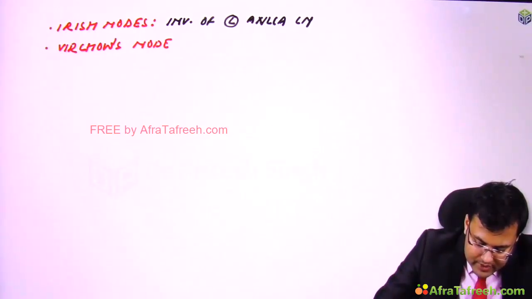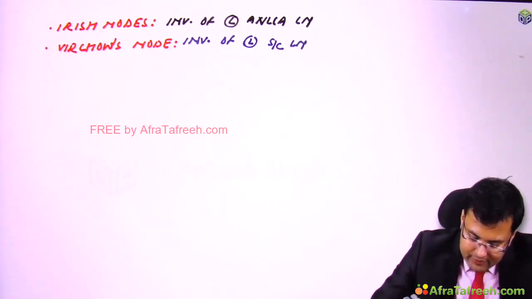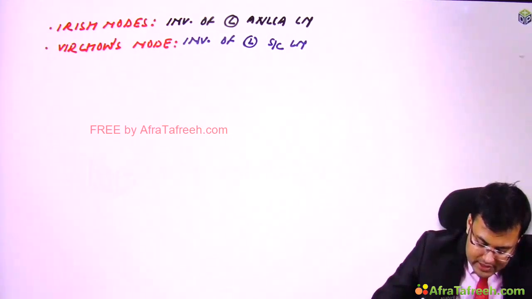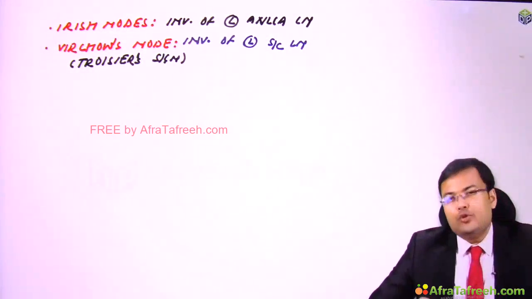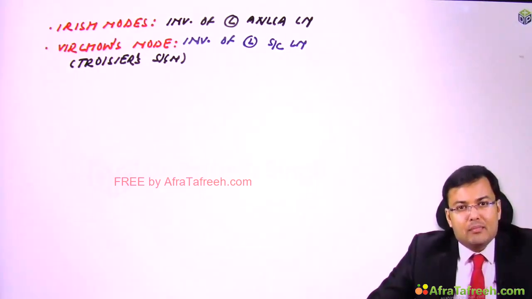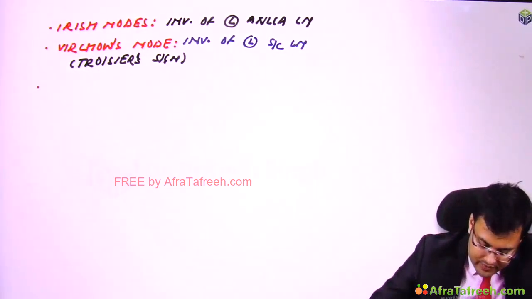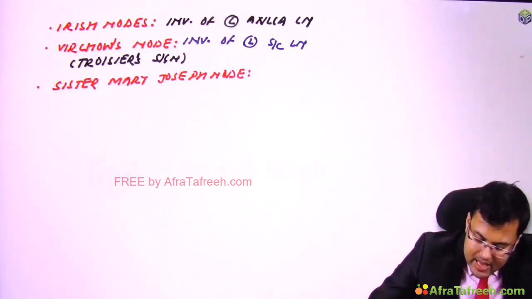So Virchow's node is the involvement of the left supraclavicular lymph node, and the sign is known as Troisier's sign. After that, there is a cutaneous metastatic deposit around the umbilicus, and that's known as Sister Mary Joseph node.